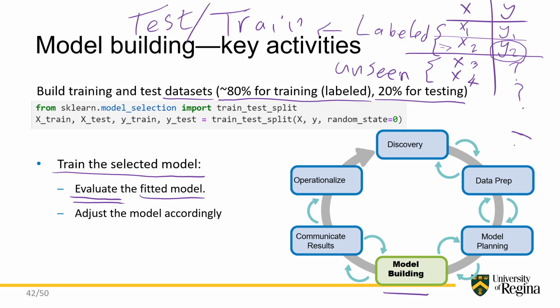So this part is also labeled, but we do not provide the labels to the machine. We wait for the machine to give us the output for those 20%, and then we compare that output with the actual output because we know the labels, and then use that to evaluate how good our model is.